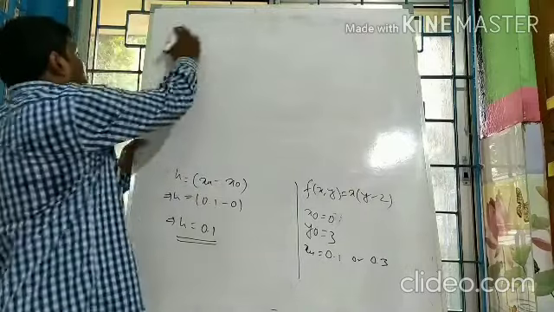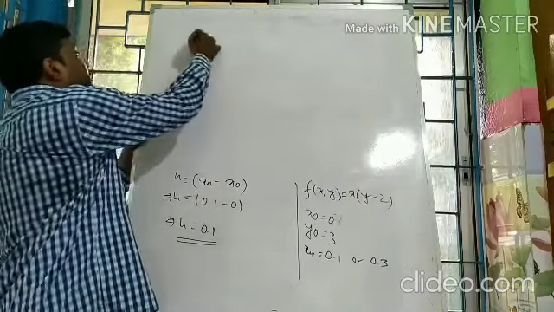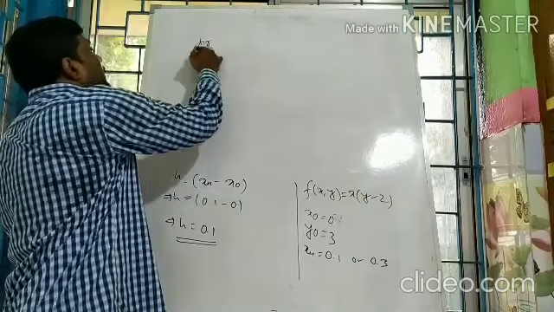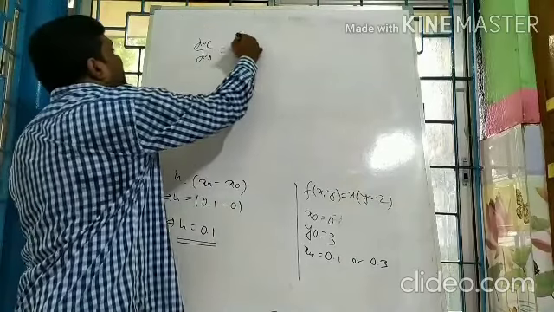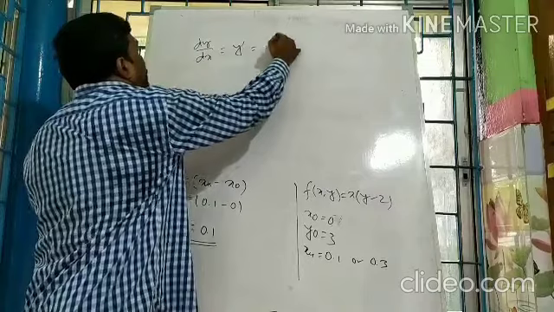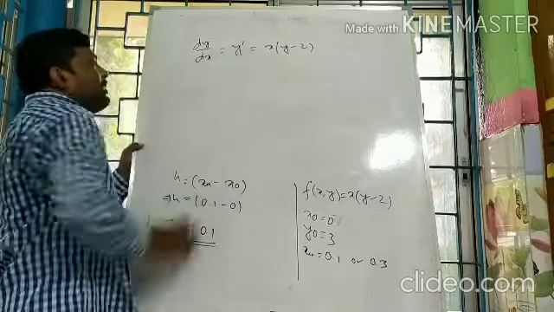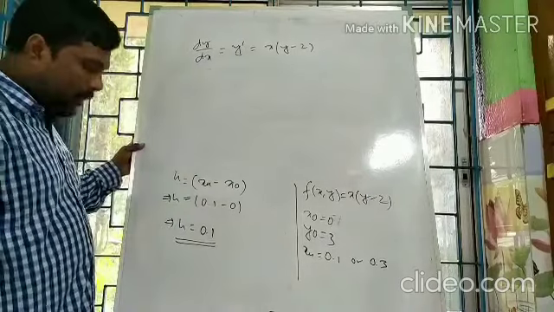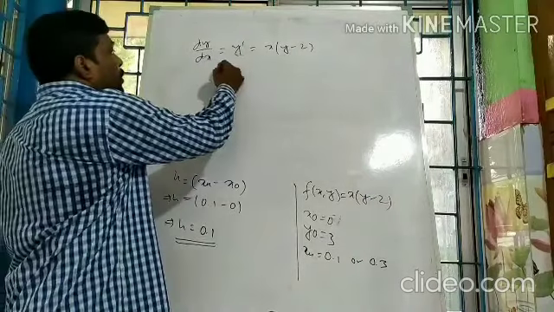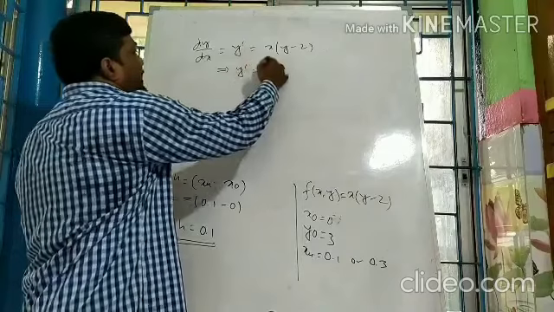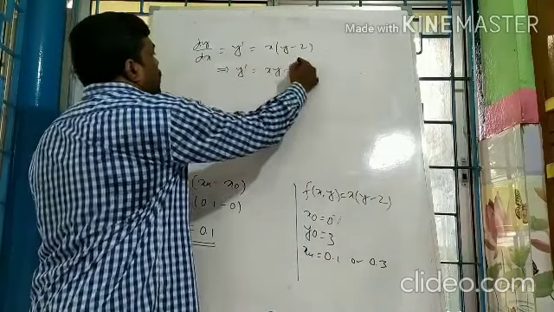Now the given differential equation is dy/dx, that is y', equals x y minus 2. So y' is x y minus 2x.